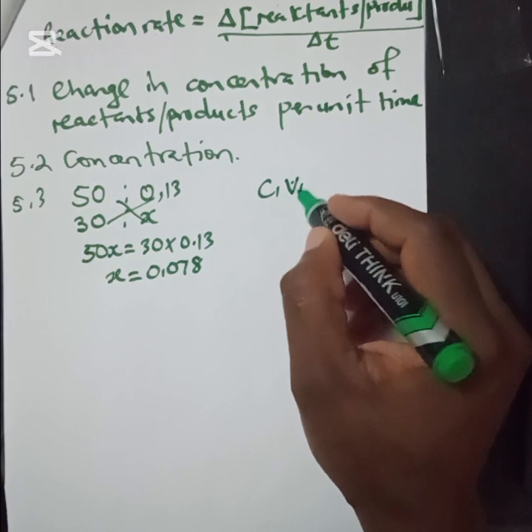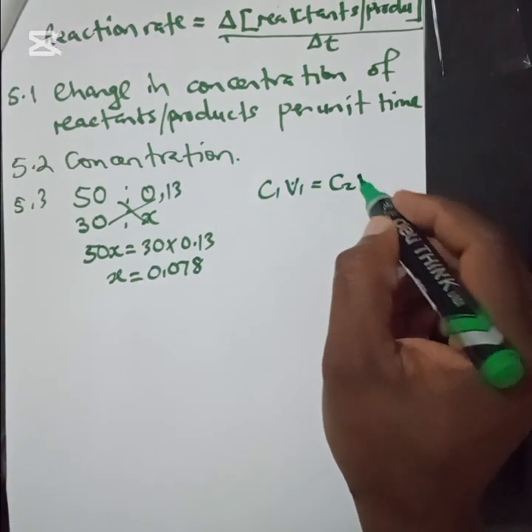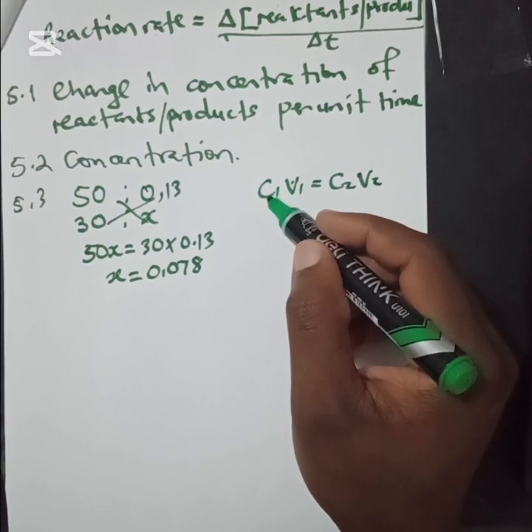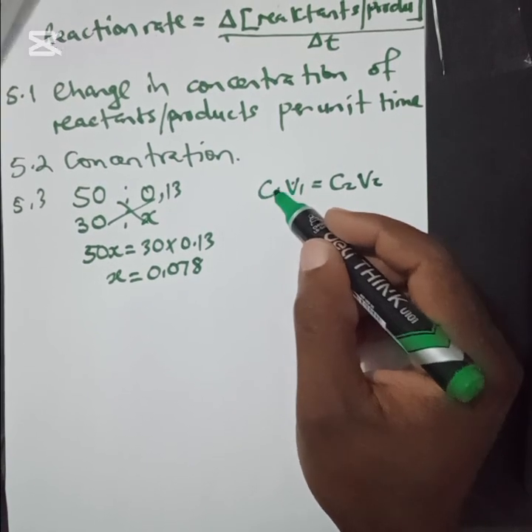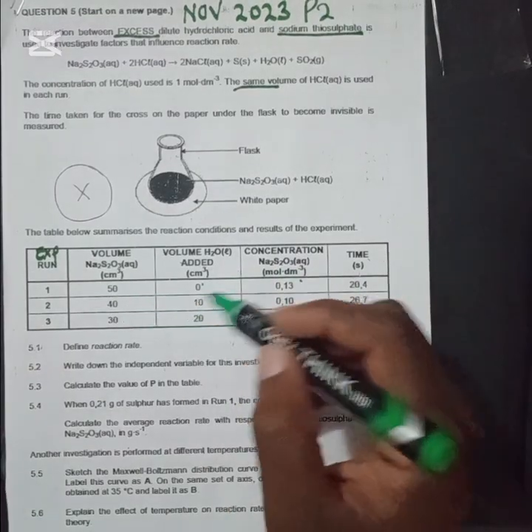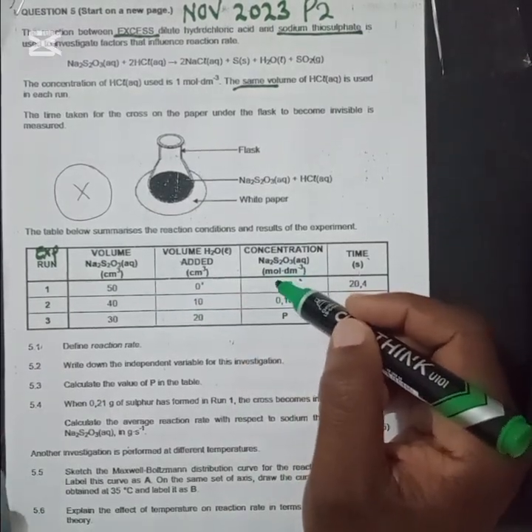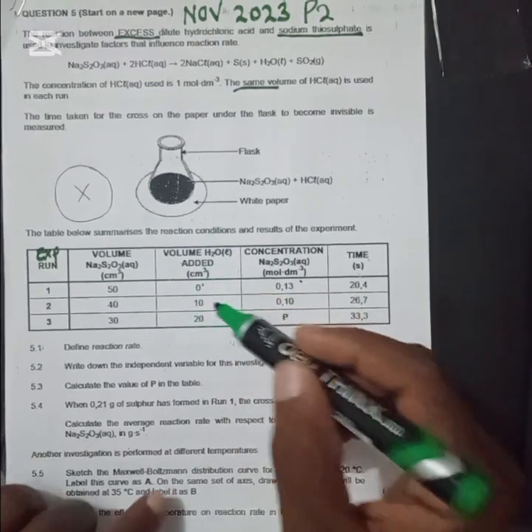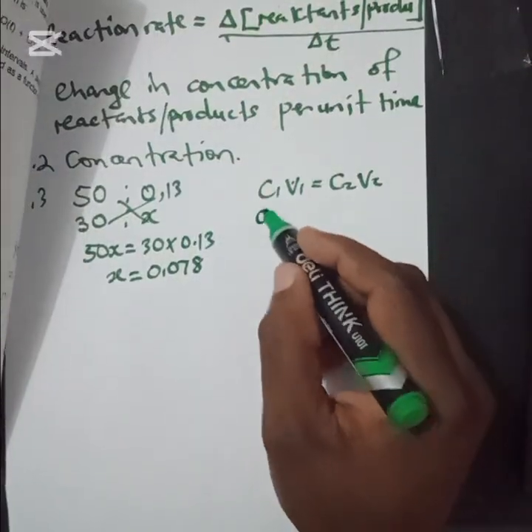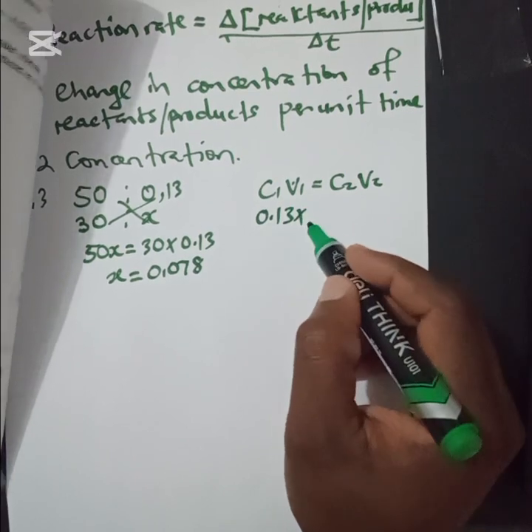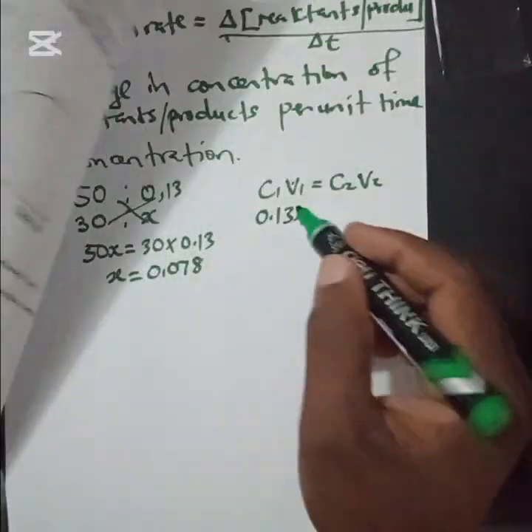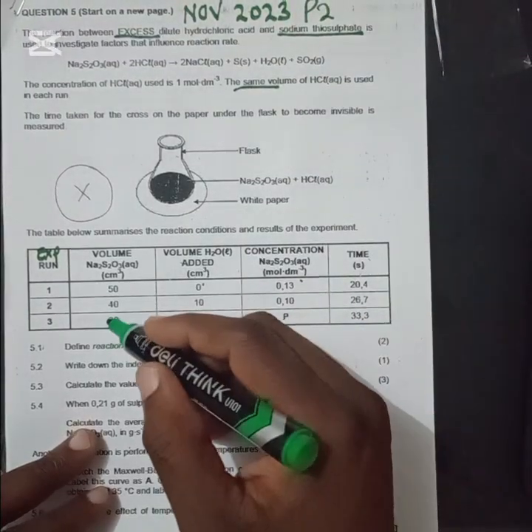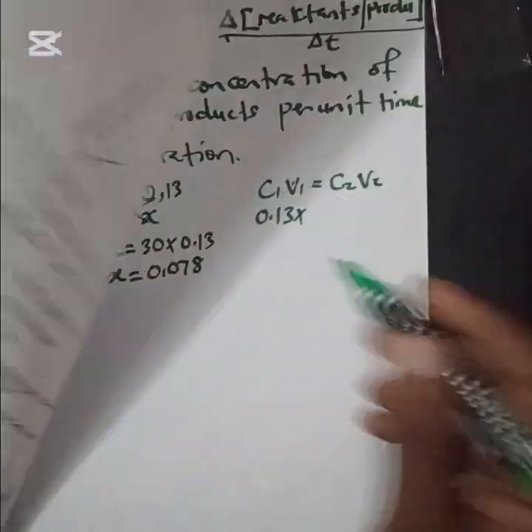C1 V1 equals C2 V2. So C1 is the concentration of the undiluted solution. Here 0.13 is the undiluted solution, this 50 cubic centimeters without any water added to it. So 0.13 multiplied by V, the volume that is going to be diluted, which is this 30.